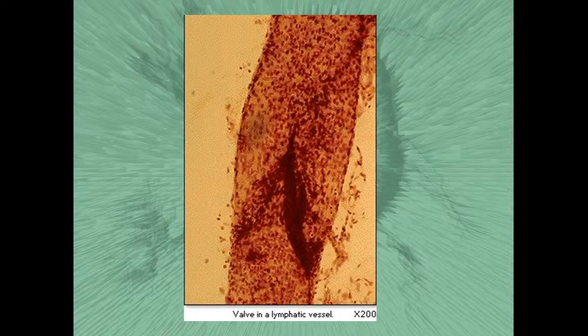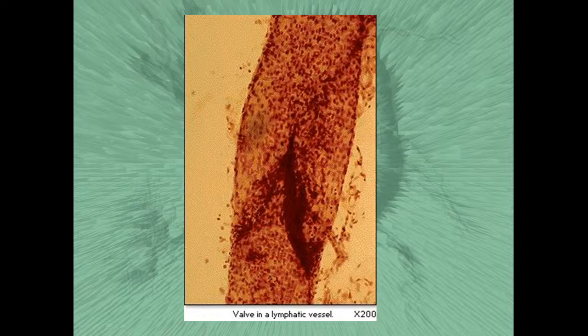Tunica intima is the same as in the blood vessels. It consists of endothelial cells and it forms foldings known as valves, one-way valves, transmitting the lymph in just one direction.